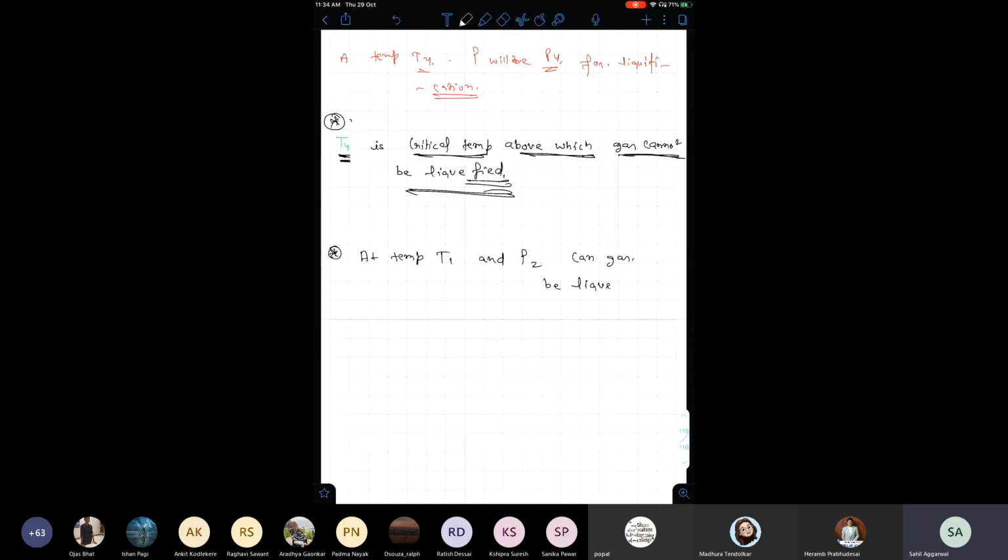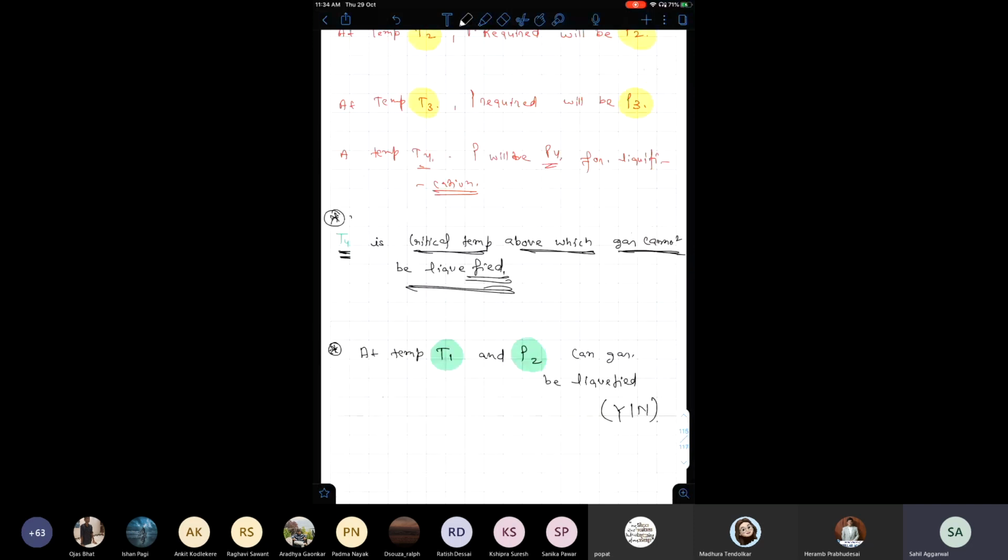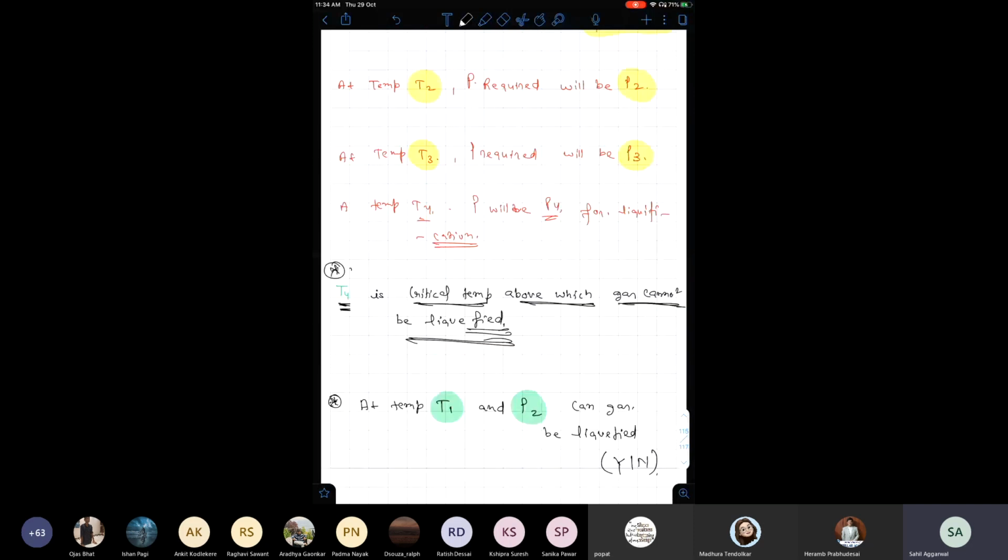At temperature T1 and pressure P2, can gas be liquefied? Yes or no?